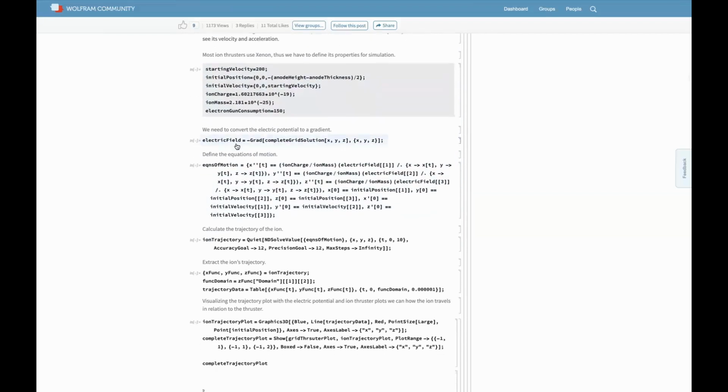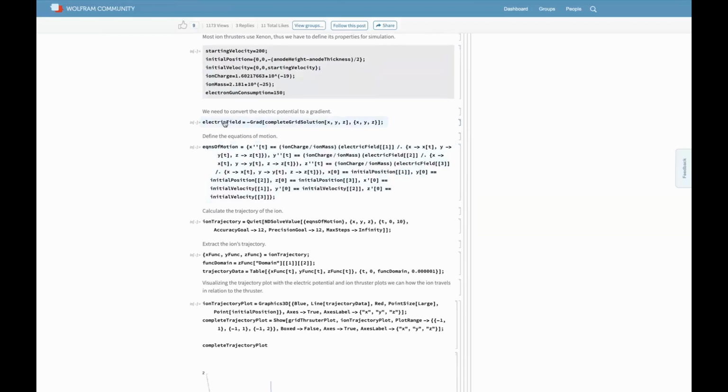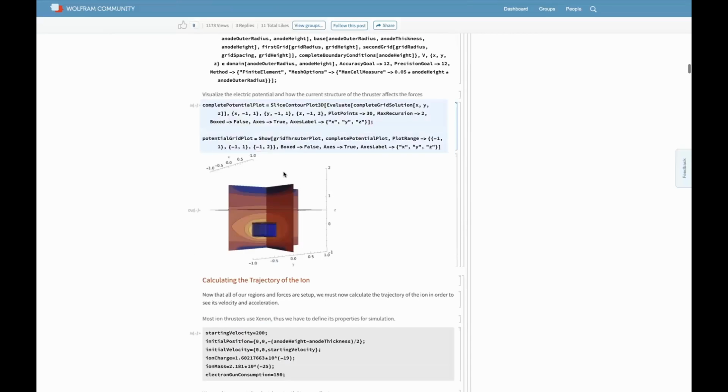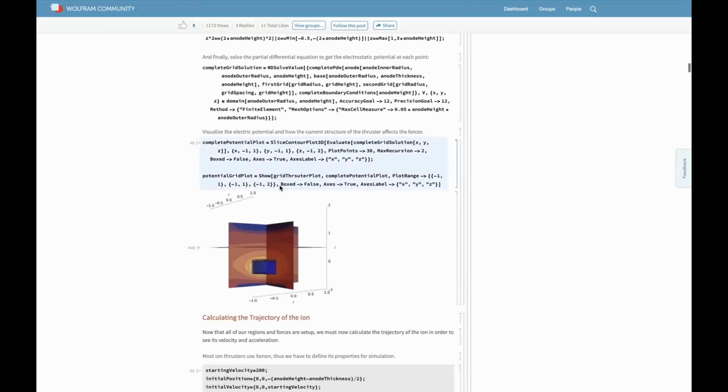And so what I did was I found the electric field forces using the electrostatic field that we calculated from above. And I just plugged them into the typical equations of motion to find the forces acting upon the ion at each individual point.